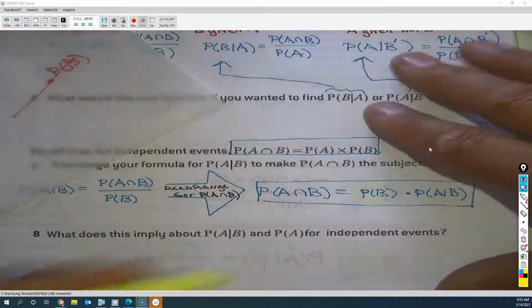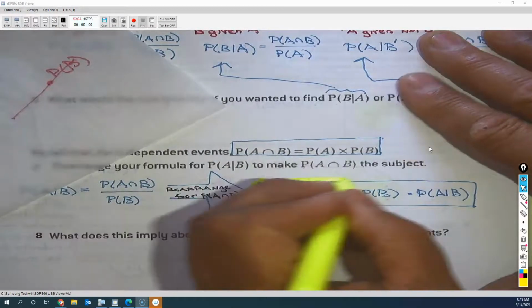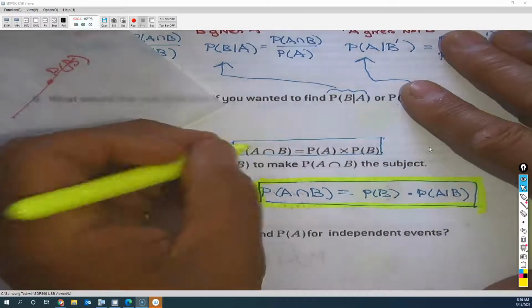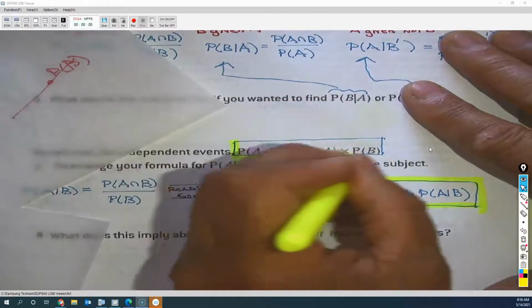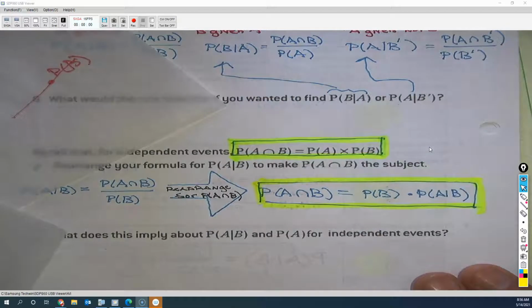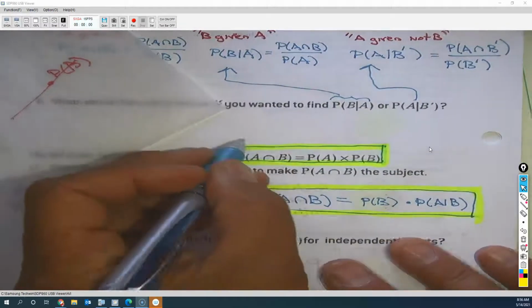Highlight them or something. This formula gives me the intersection, and this formula gives me the intersection. You use this one when A and B are independent.